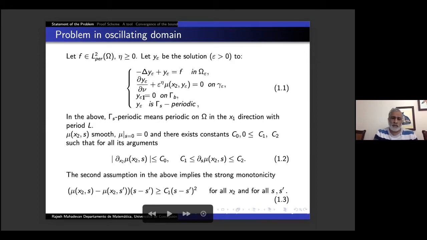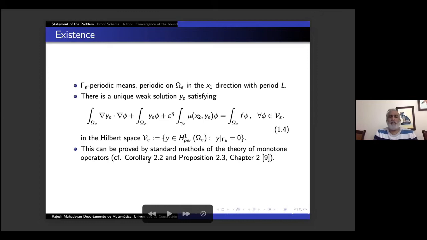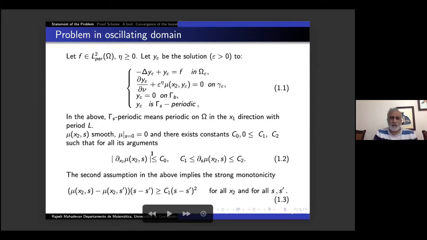For example, you can look at corollary 2 or proposition 3 of the book of Showalter on monotone operator methods in Hilbert spaces. Here we assume not more than linear growth in mu because of these conditions. But it might be interesting to study other nonlinearities, with some Lp kind of nonlinearities.